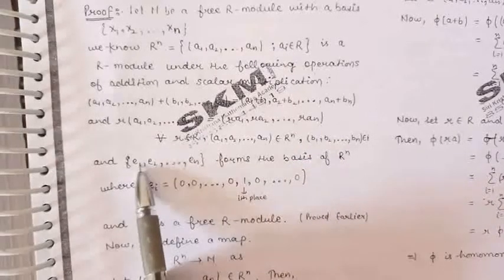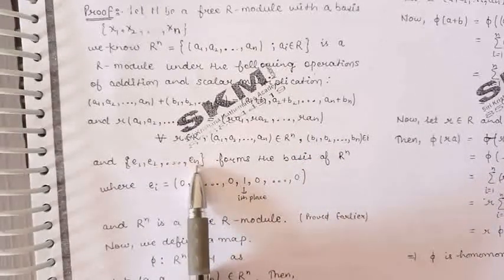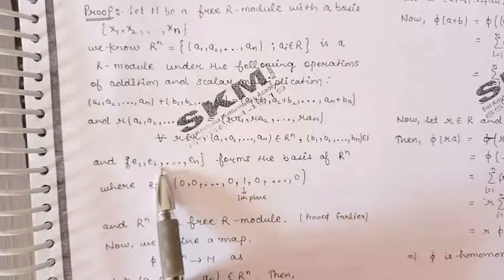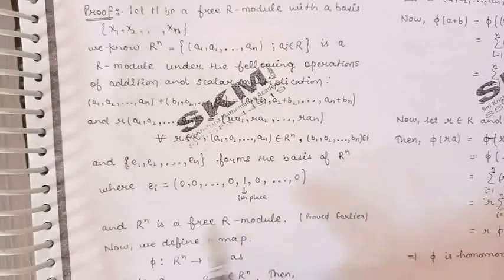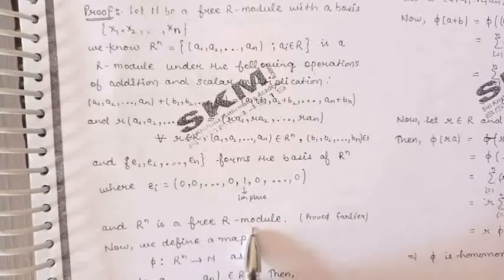So these vectors e1, e2, e3 up to en form a basis of R^n, and therefore R^n is a free R module.